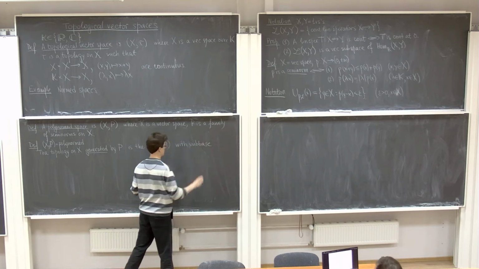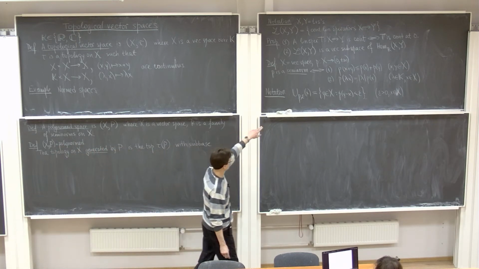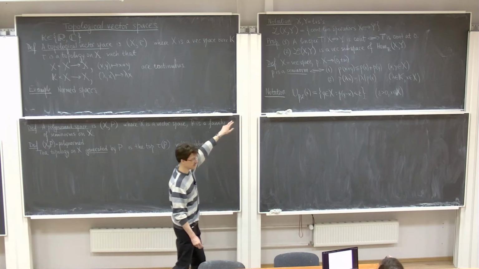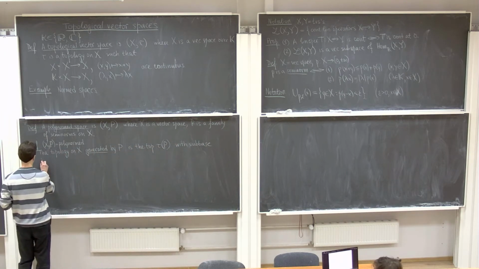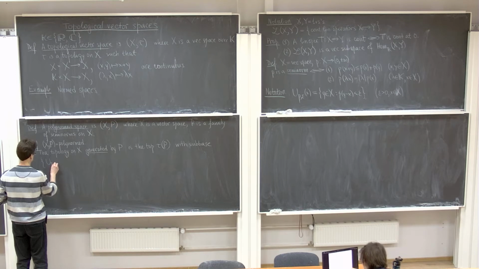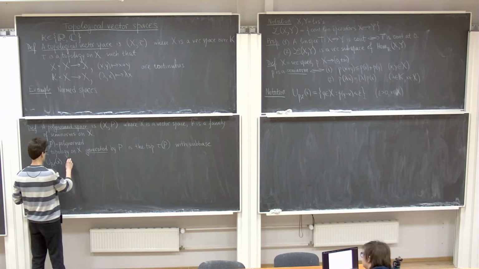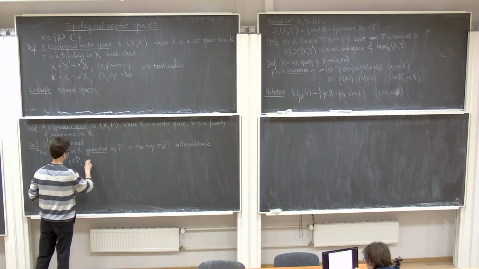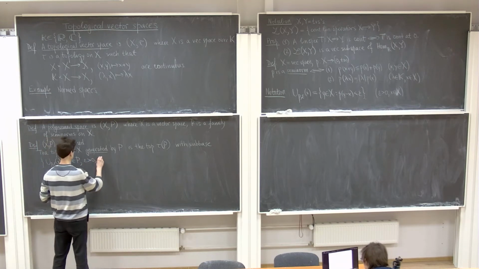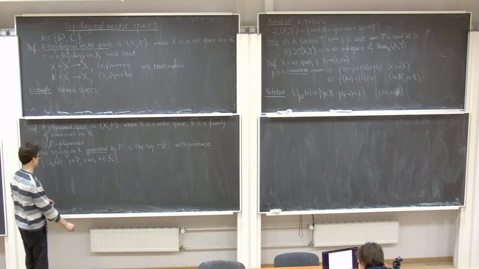As a subbase, we take the family of all such balls where little p runs over our family big P, so little p runs over our family of seminorms, epsilon over positive numbers, and x runs over our space.